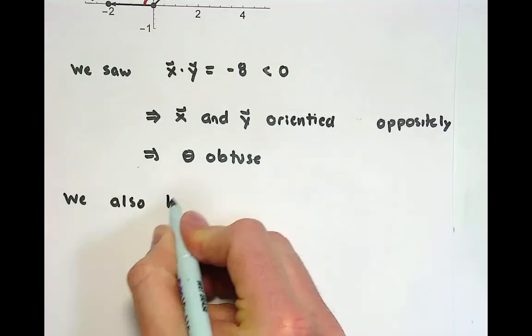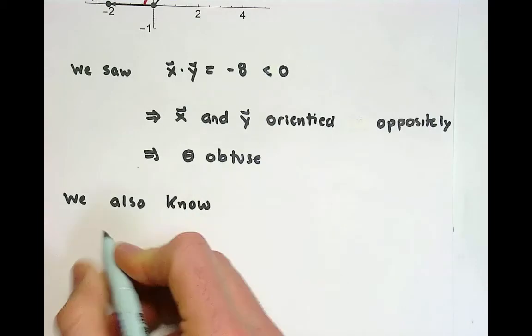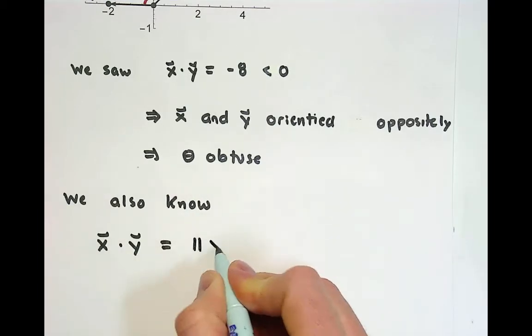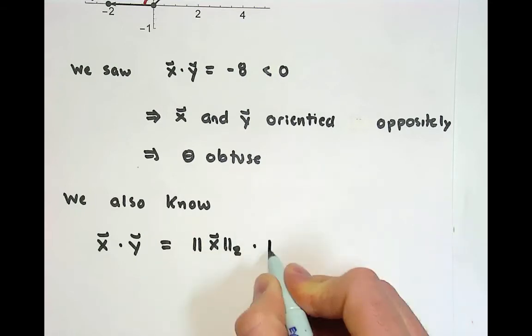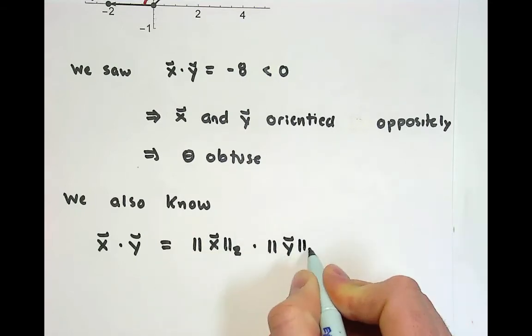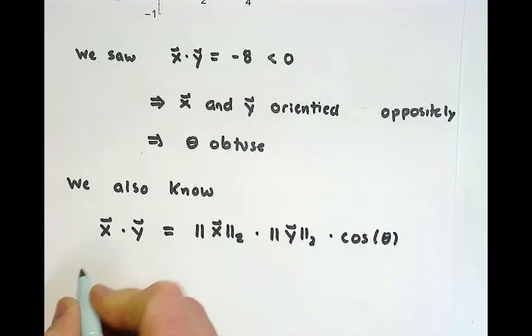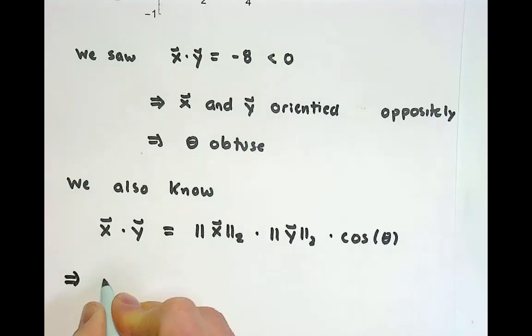We also know x dot y was equal to the 2 norm of x times the 2 norm of y times the cosine of theta. And we just saw that this was -8.